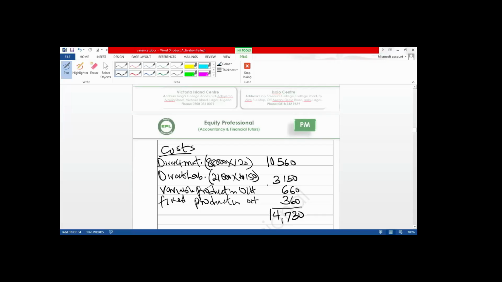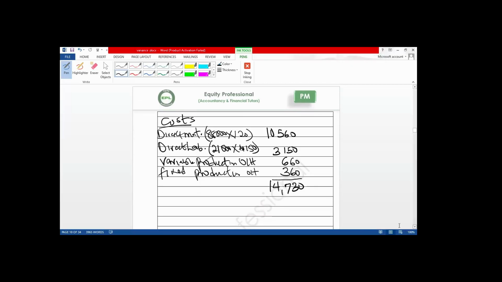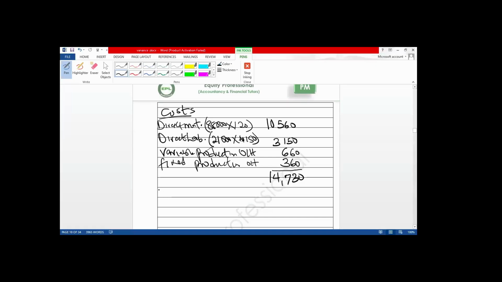$14,730,000. That is the total production cost. Now, do we have closing stock?